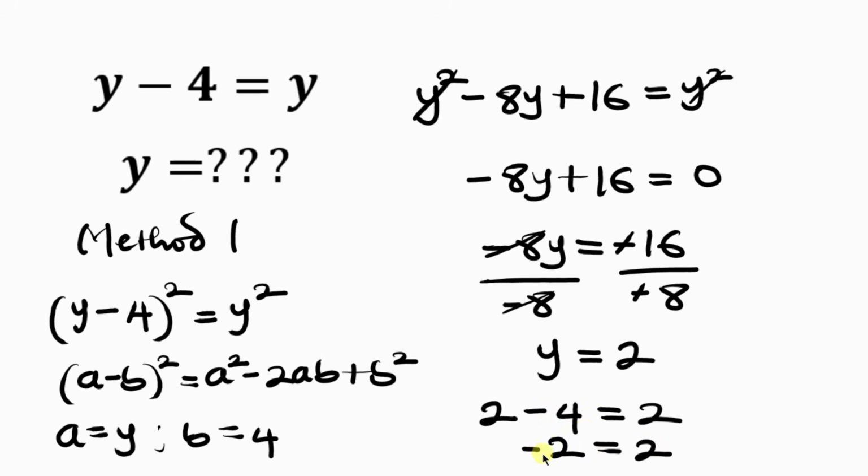Now negative 2 cannot be equal to 2. So this is not possible. So since it is not possible, we can say the value of y is not 2. So this is wrong. Now let's see if our second method will give us the correct answer.